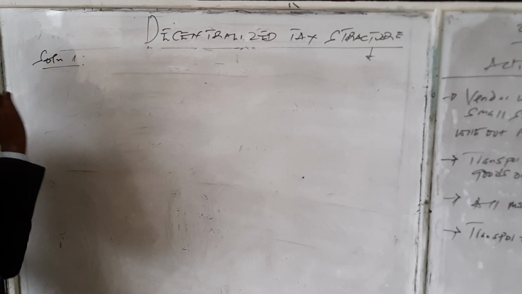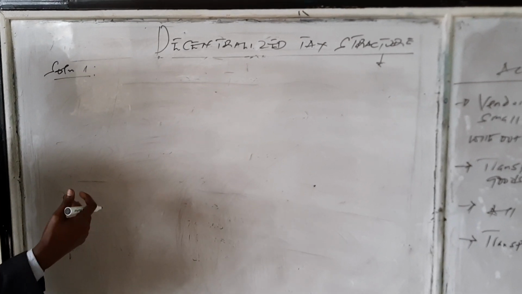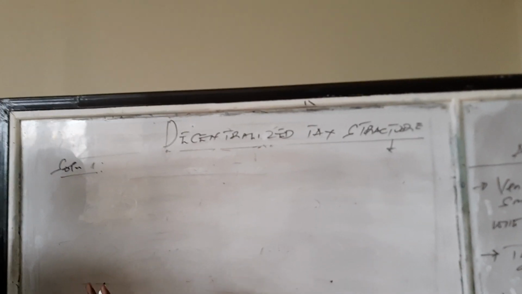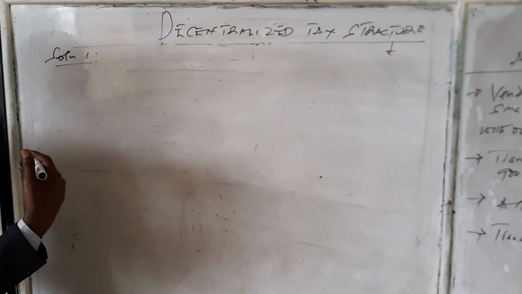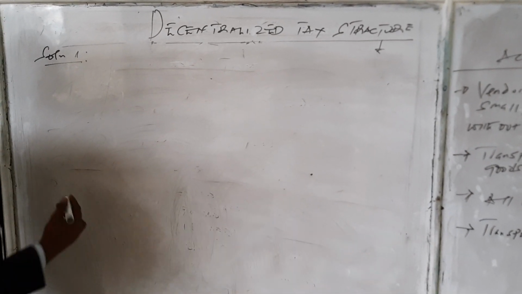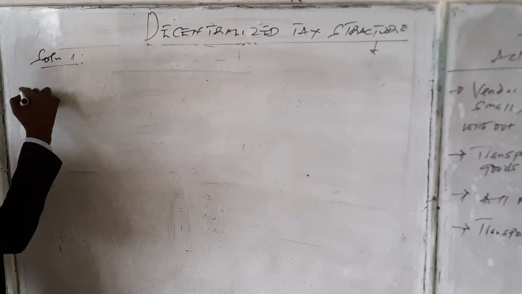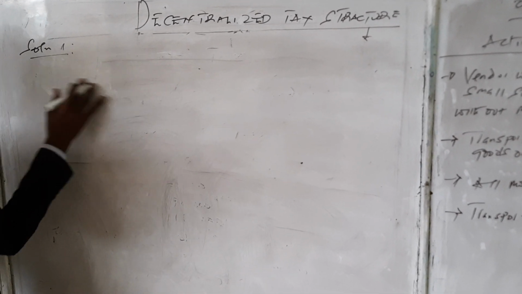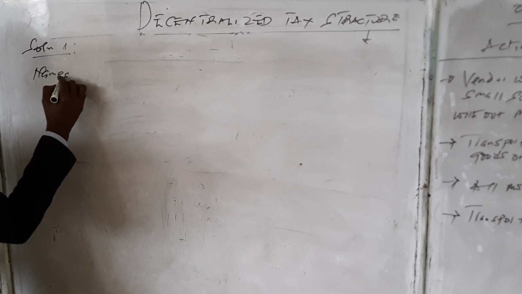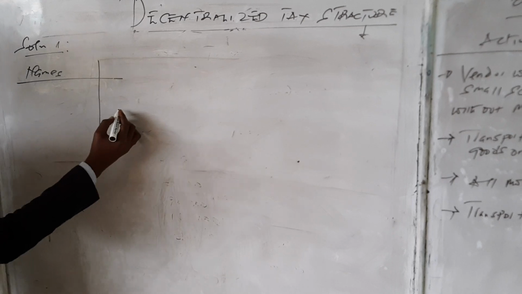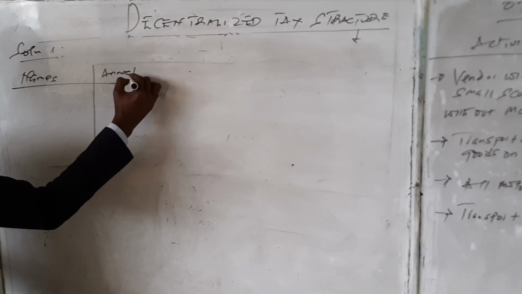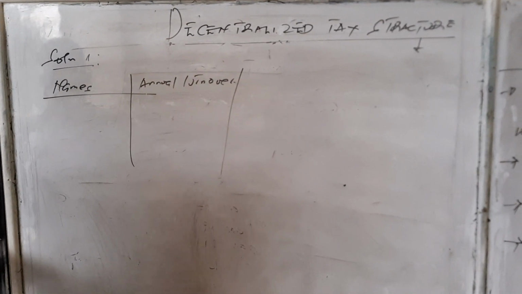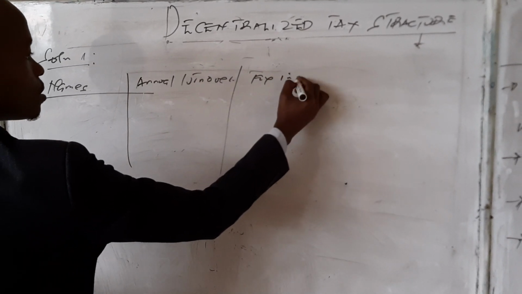This question involves different businessmen conducting their businesses in different areas, including rural areas, towns, and cities. First, we need to know the names of the business people, come up with the annual turnover, and also the tax in Rwandan francs.